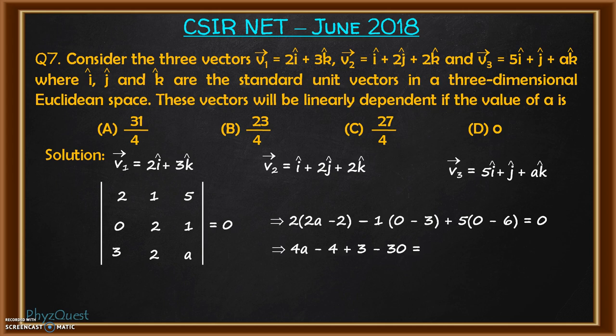So this will be 4a minus 4 plus 3 minus 30 equal to 0, which is 4a minus 31 equal to 0, that means a equals 31 divided by 4. Now if you check the options, you can see option A is matching with our result. So the correct answer for this question is option A.